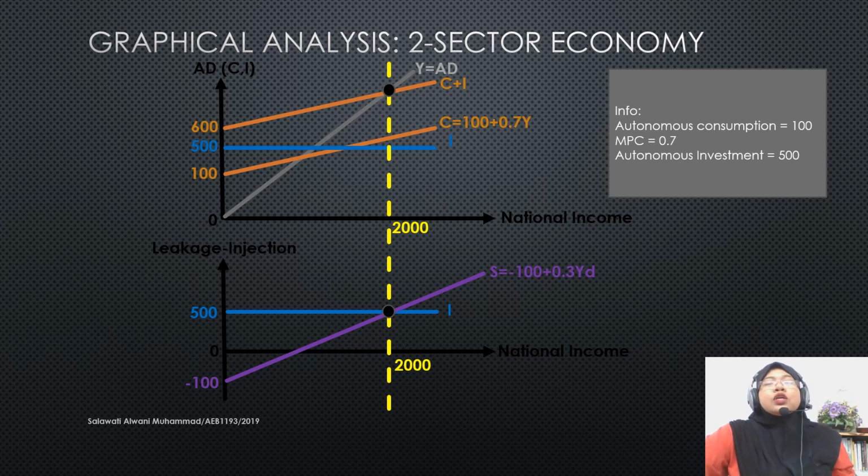So where is Y equals C plus I? It's at the black point there. By looking at this diagram, we know this two-sector economy has its equilibrium at Y equal to 2000.